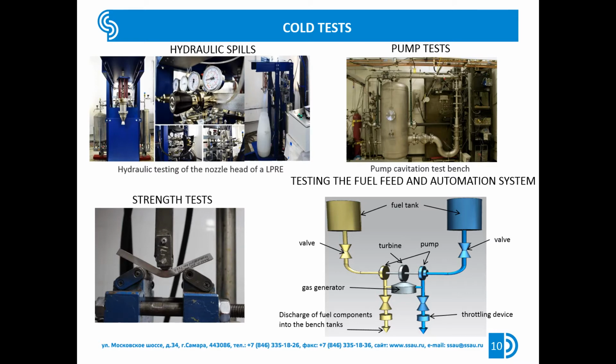The throttling devices shall be selected so that the required pressures of the fuel components at the combustion chamber inlet and their mass flow rates equivalent to those in full-scale operation are ensured. Such tests allow the fuel supply and control system to be debugged safely and without the possibility of damaging the combustion chamber during the tests.